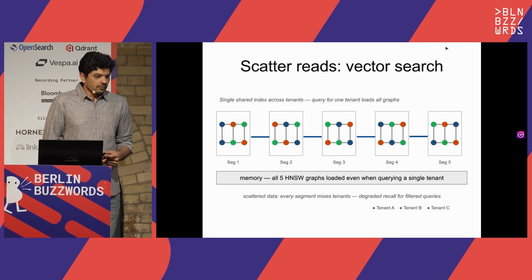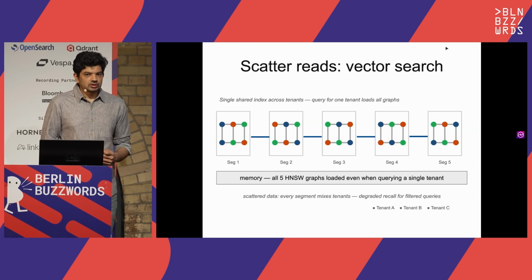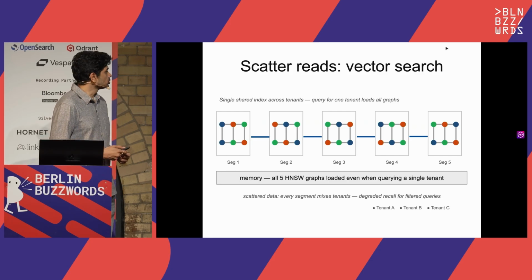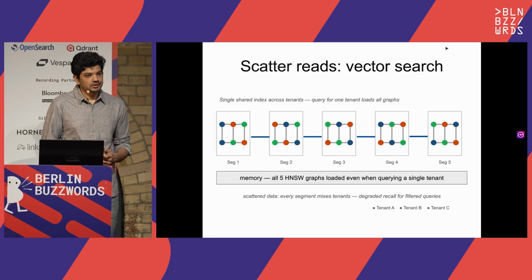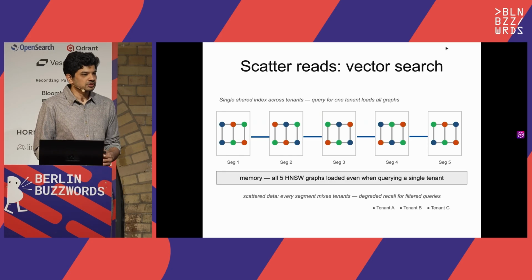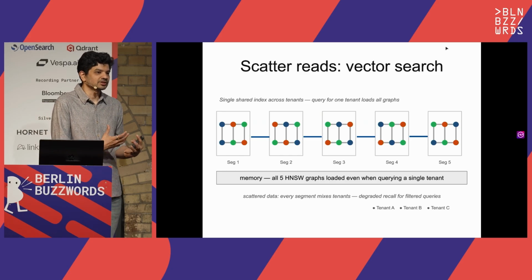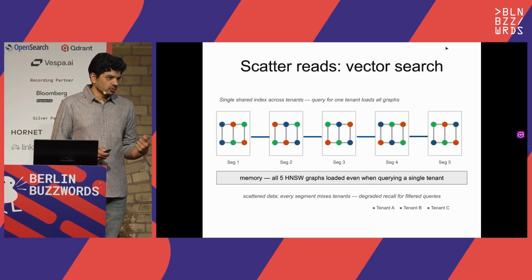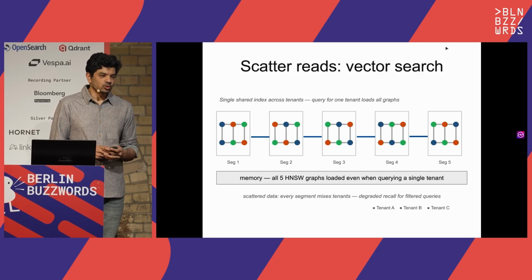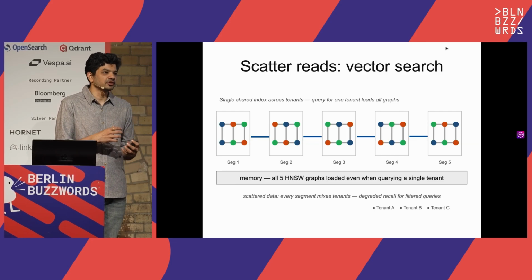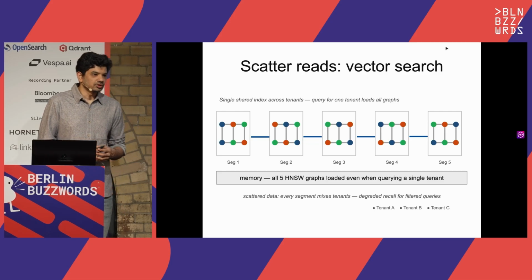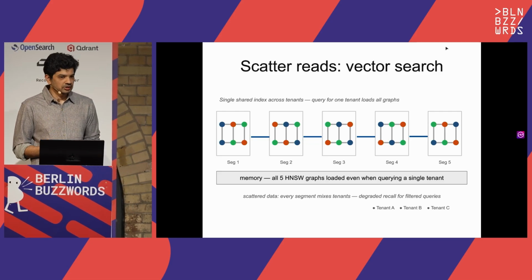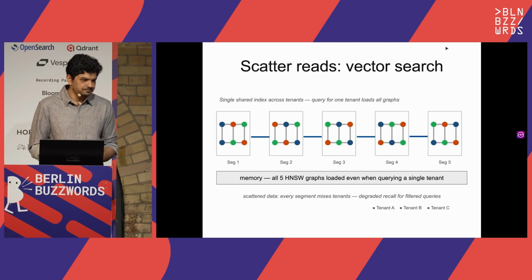Apart from the memory constraint and the low performance, there is also degraded recall. The quality of the search results for the tenant which had just 10 documents goes down significantly. The reason being, when the graph search happens, it only explores until an exit condition is met, and it doesn't go through all the nodes, even if it doesn't find any data.